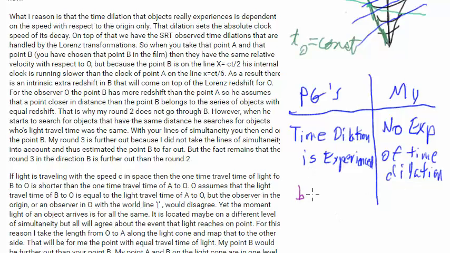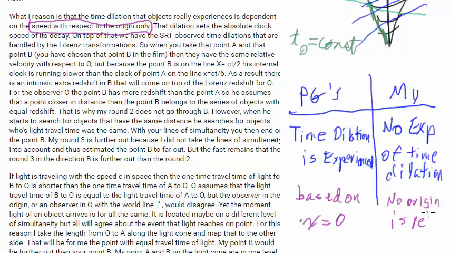And he says that the time dilation experienced is based on x equals 0, based on your distance from x equals 0, on your speed with respect to the origin. I say no origin is relevant to your experience, your personal experience.